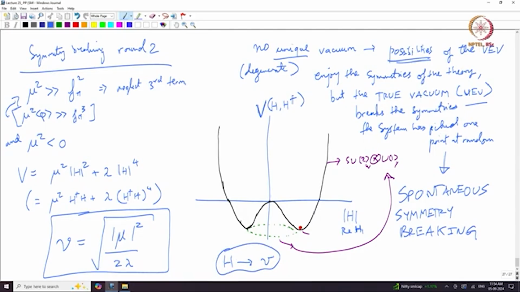Okay. So, you might still wonder, if it had all these different possibilities, why did it pick only one, right? What is the real physical mechanism behind it? Okay. That just comes down to initial conditions. Okay. So, what do I mean?